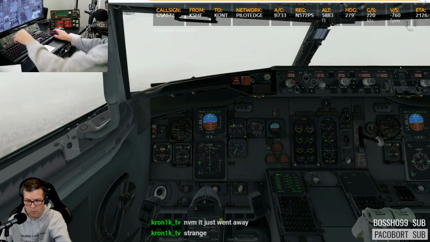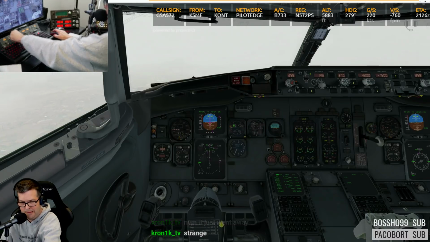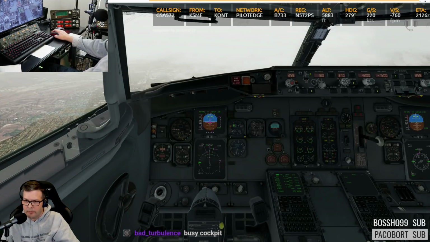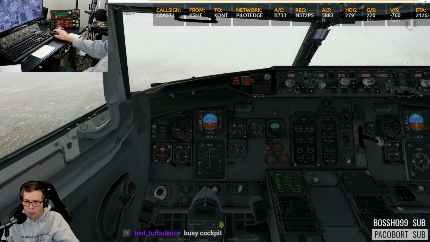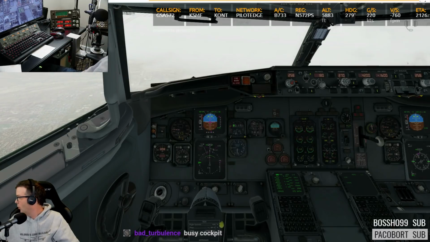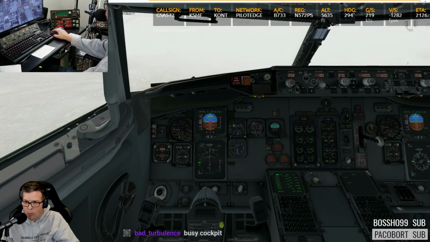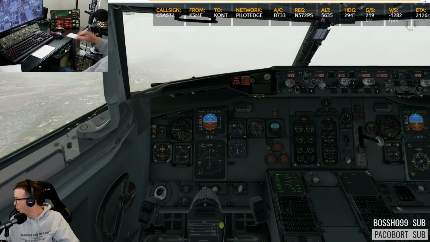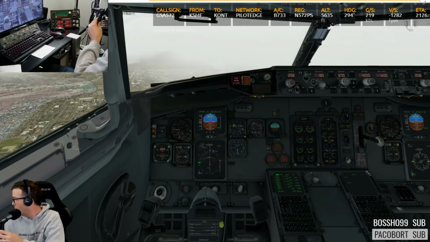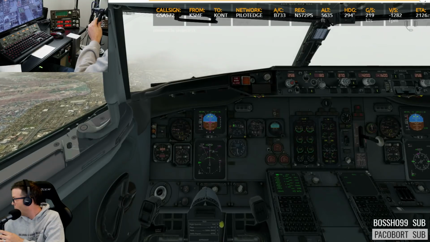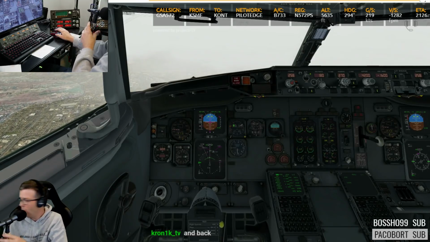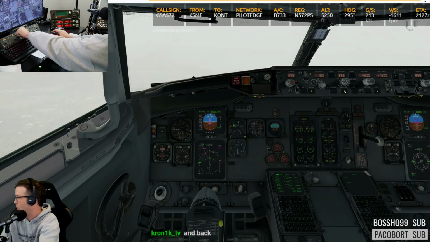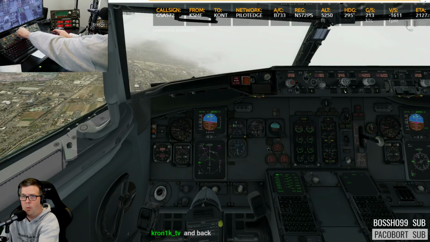You are 10 miles from the airport, fly heading 270, maintain 3,200 till established on the localizer, cleared ILS runway 26 right approach. Left for 270 and down to 3,200, maintain 3,200 until established, cleared for the ILS runway 26 right approach. 175 Charlie X-ray, ready to contact, 3 miles northwest, Palmdale VOR.